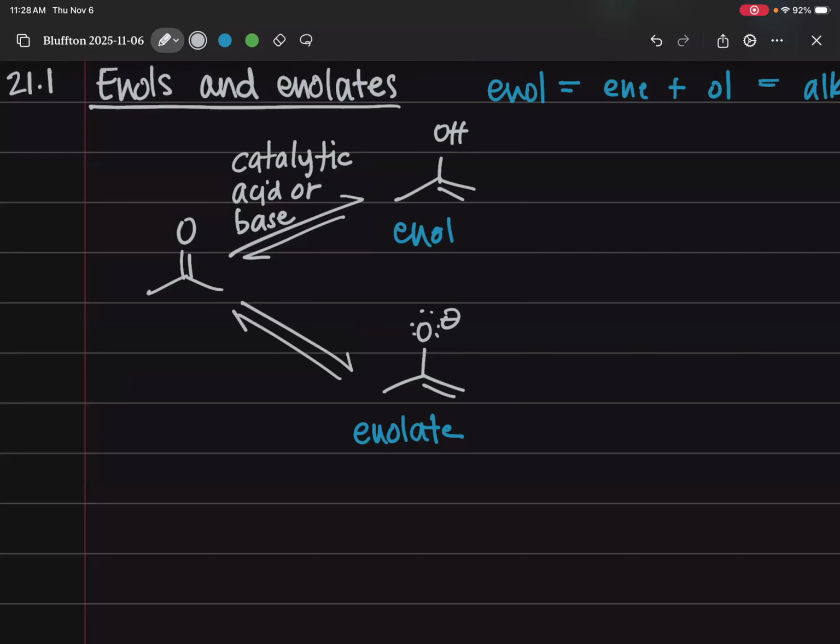And to get to an enolate, you need a strong base. Now, often what's going to happen with enols and enolates is we're going to give them some other chemical to react with, quite a wide variety of things.